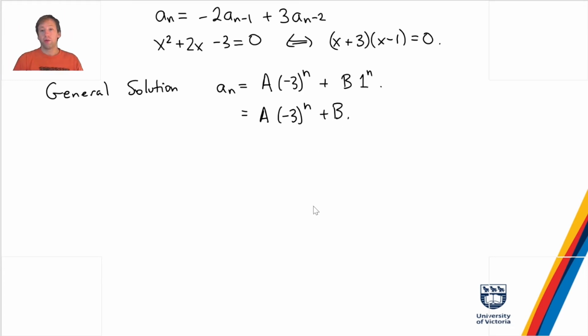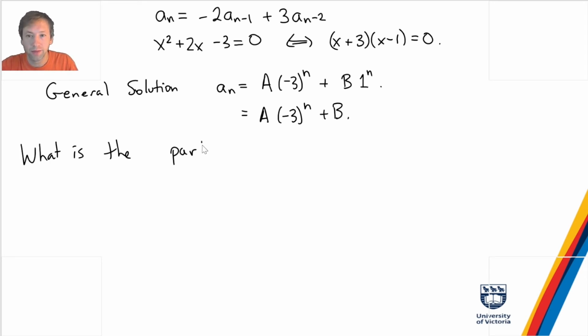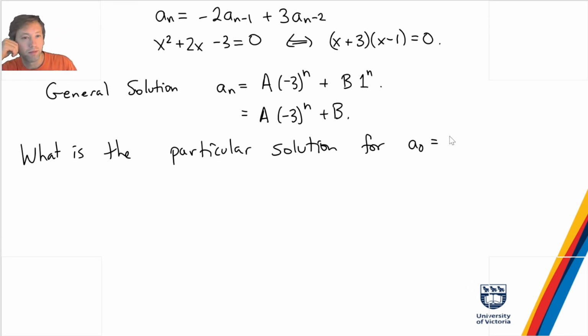Okay. Now, of course, this is the general solution, and you might be asked to find a specific solution, but that's pretty easy, right? So what's the particular solution for, let's say, a_0 is 3 and a_1 is 8?